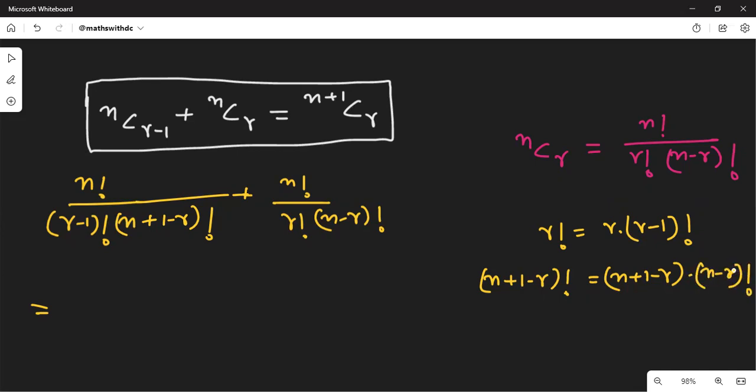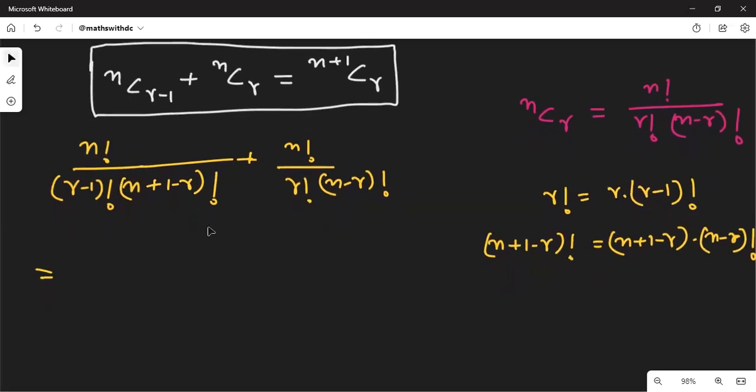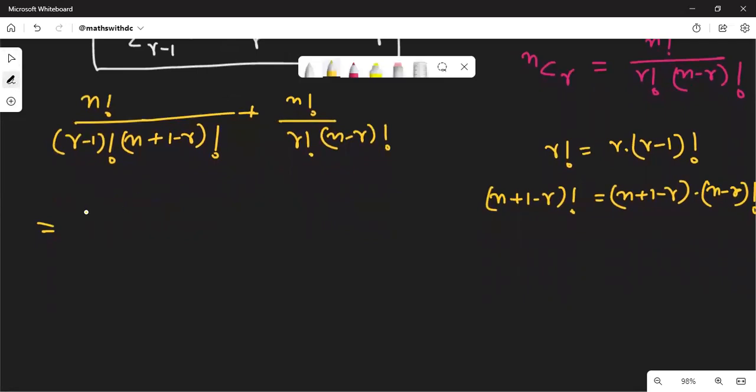Okay, so we can keep subtracting 1 like this so that n minus r, n plus 1 minus r, and r and r minus 1 could be related. So we are going to write it now. n factorial we can take common from both, as it is common in both numerators.